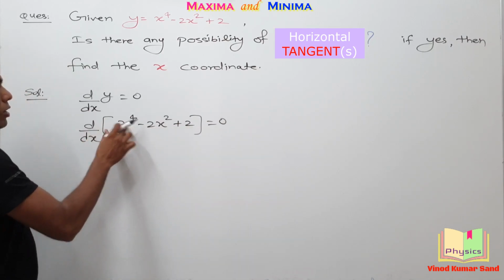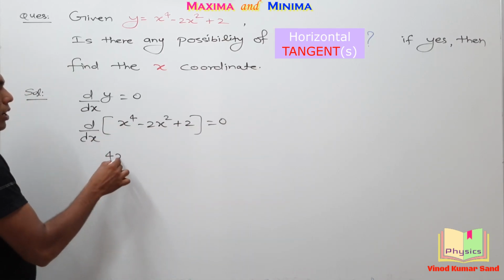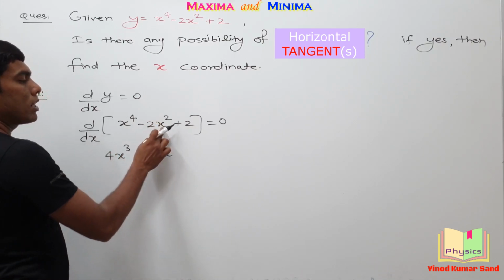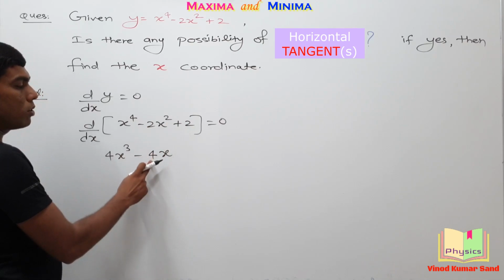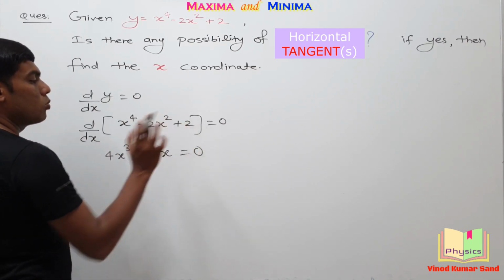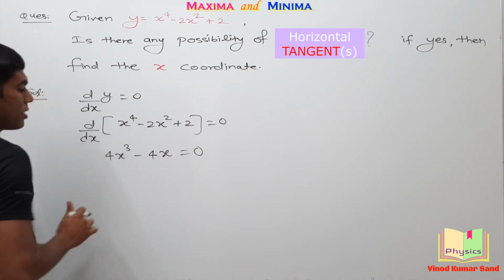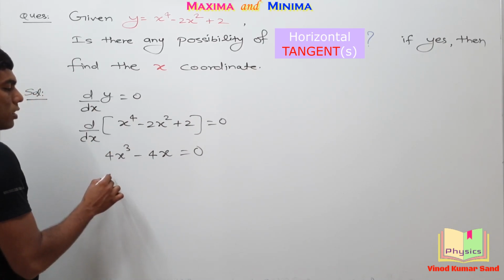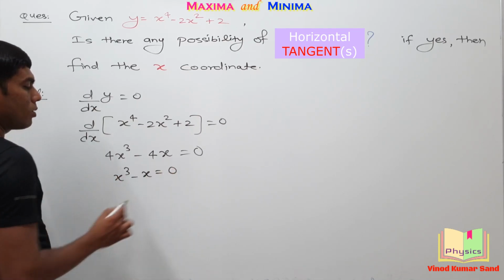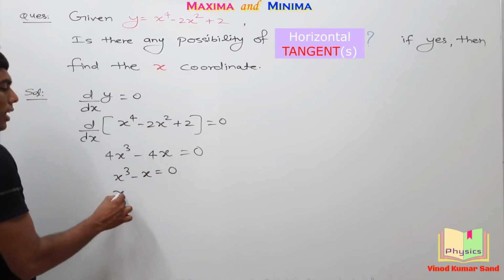Let's differentiate. Differentiation of x to power 4 is 4x cube, and here the differentiation of x square will become 2x. 2x into 2 will make it 4x. Differentiation of 2 will become 0 because 2 was a constant. Let us simplify this. You will get the roots. So x cube minus x is equal to 0.